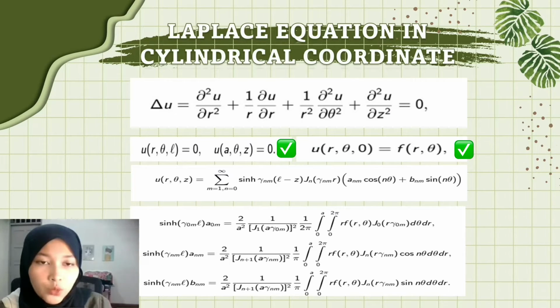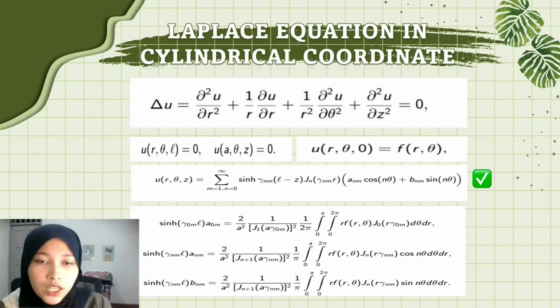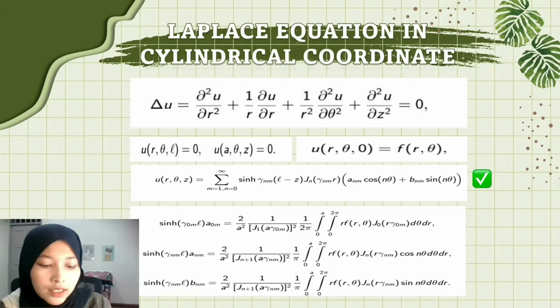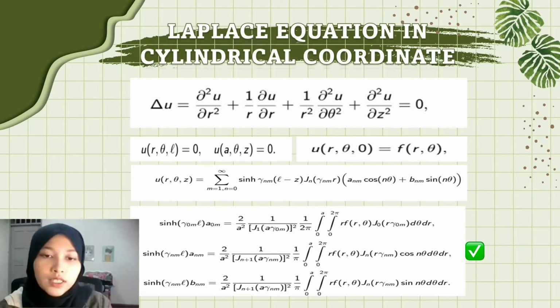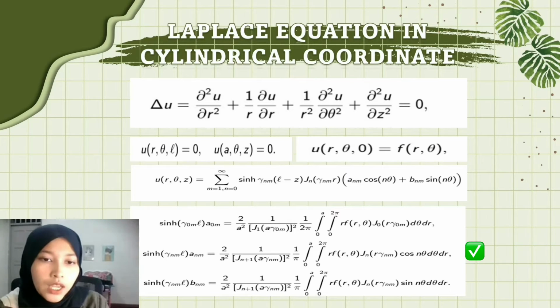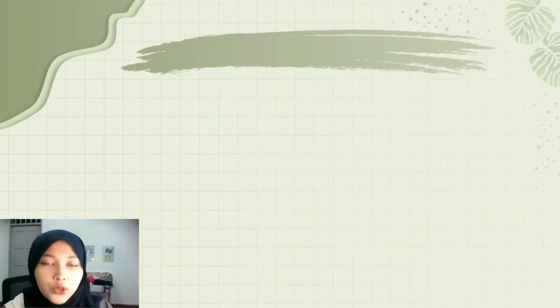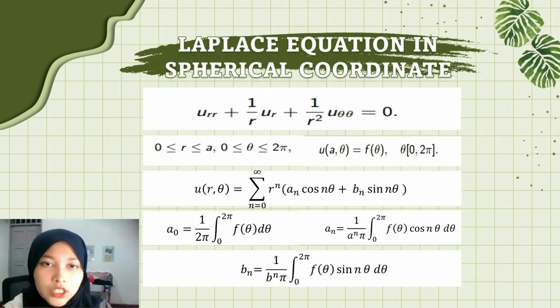The general solution for cylindrical coordinate is the summation m equal to 1, n equal to 0 to infinity of sine(gamma nm (L minus z)) Jn(gamma nm r) (anm cos n theta plus bnm sine n theta). And we must determine the constants anm and bnm by using Fourier-Bessel series.